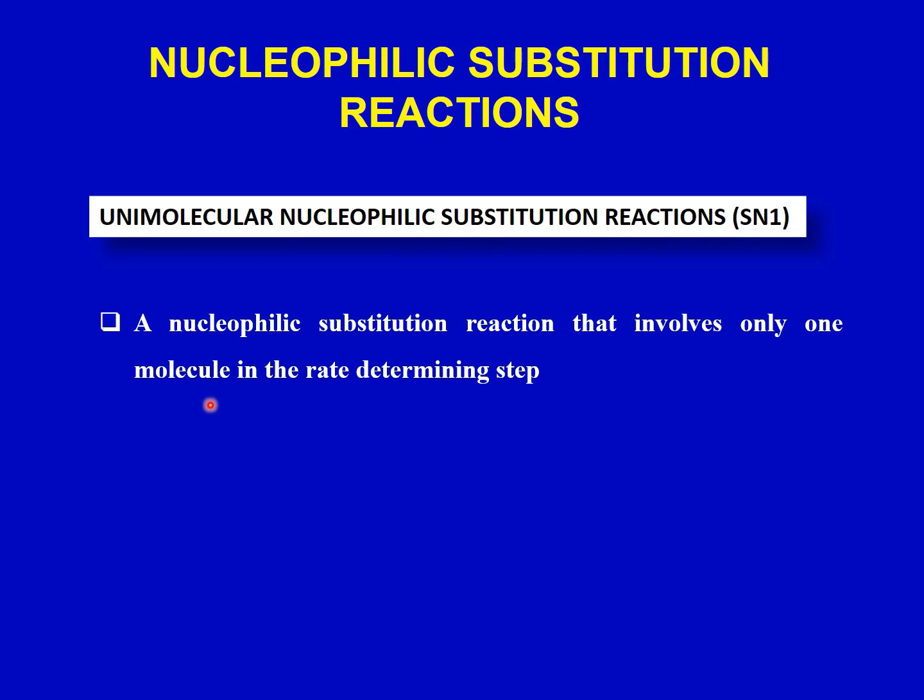It's a substitution reaction, so a nucleophile will replace a group in a molecule, but its rate determining step will involve only one molecule, and that is why these reactions are known as unimolecular reactions. The whole mechanism takes two steps to complete.